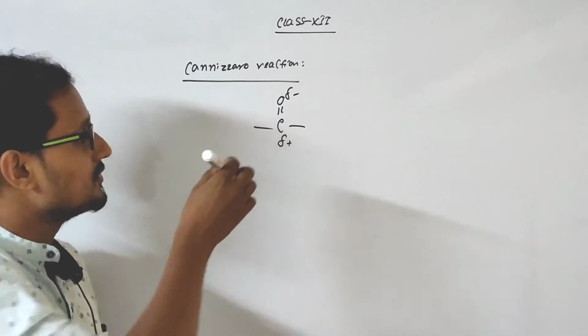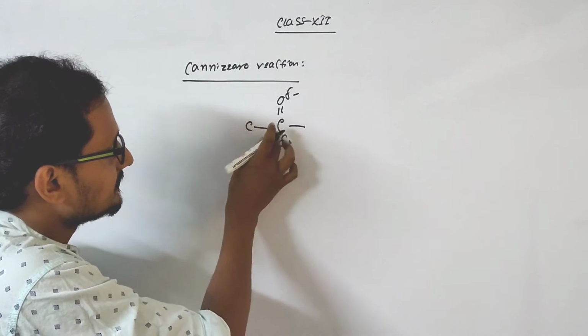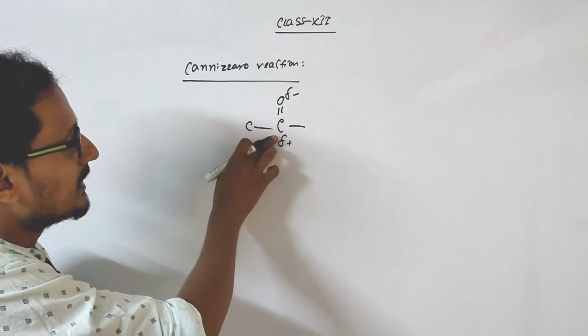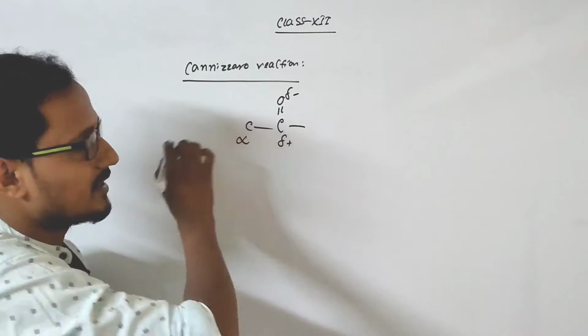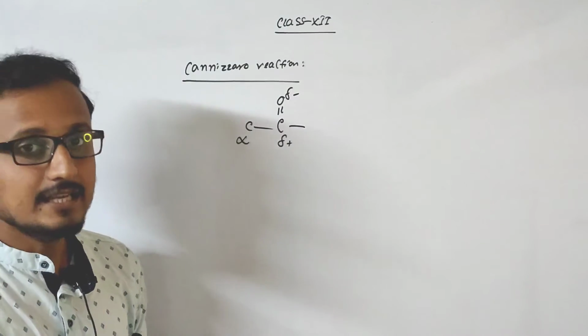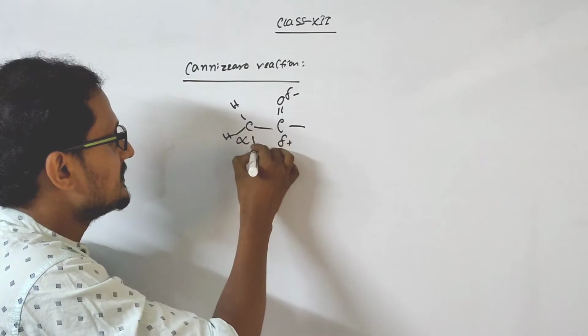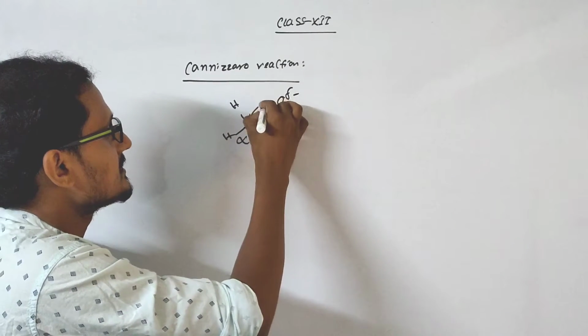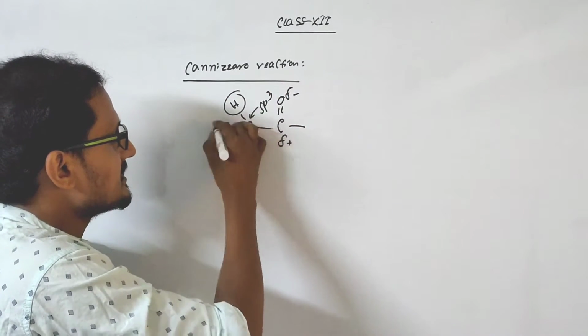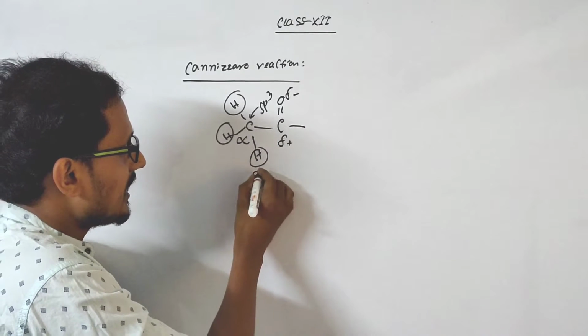Now the carbon which is directly joined with this, that is the neighbor to the carbonyl carbon, is called the alpha carbon. And if this carbon is sp3 hybridized, then the hydrogens present here are alpha hydrogens.